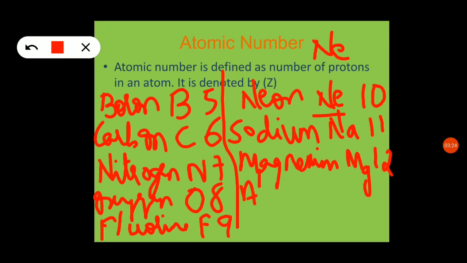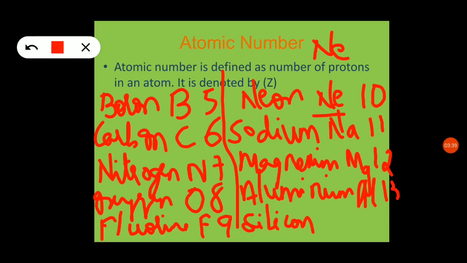Next we have aluminium. Aluminium is Al and the atomic number is 13. Next we have silicon. Silicon symbol is Si and the atomic number is 14.